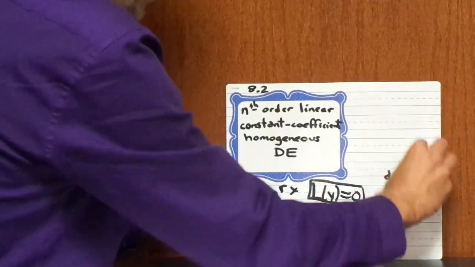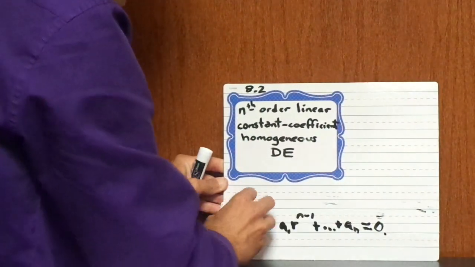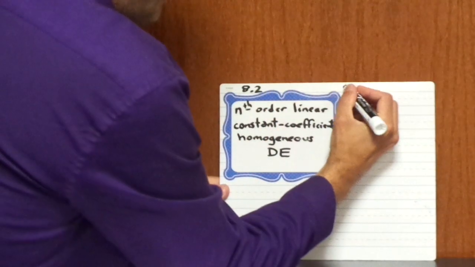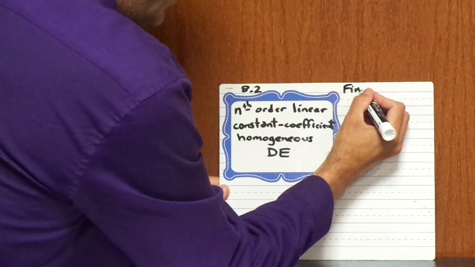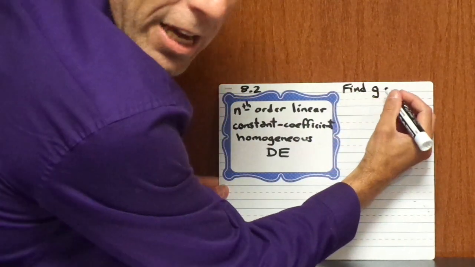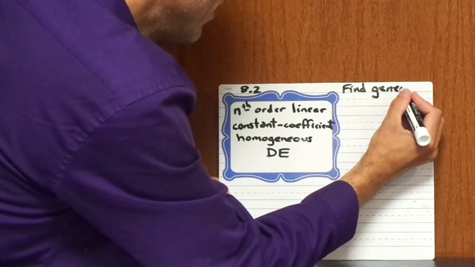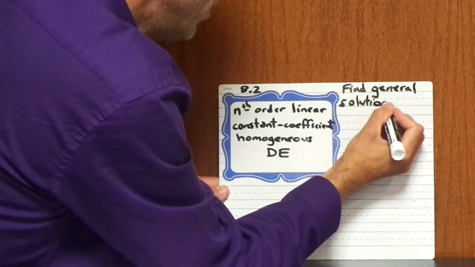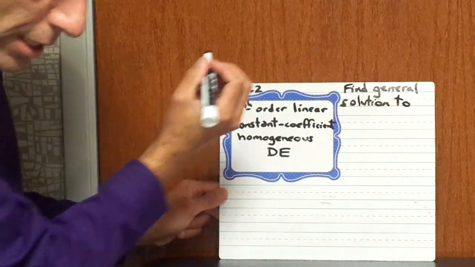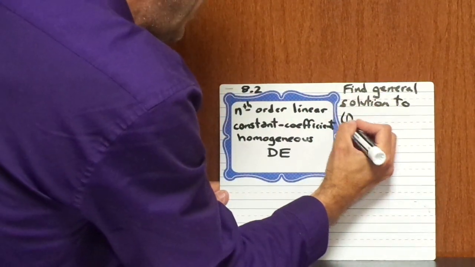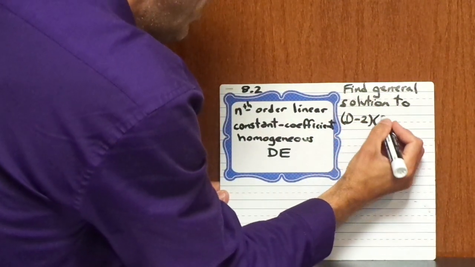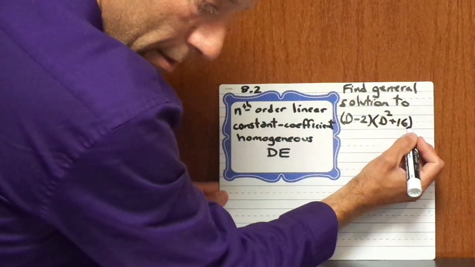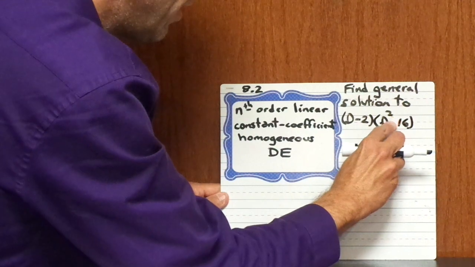Let me see if I can put an example on this little board for you to take a look at. Suppose I ask you to find the general solution to, let me give you an equation here. It's going to be the quantity D minus 2 times D squared plus 16, D squared minus 16.